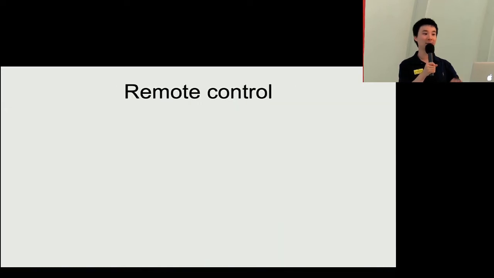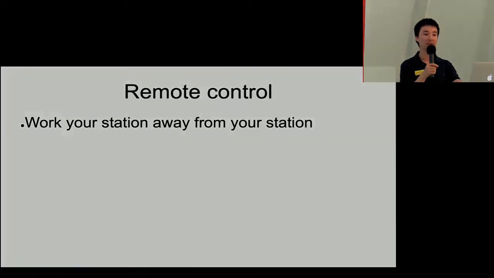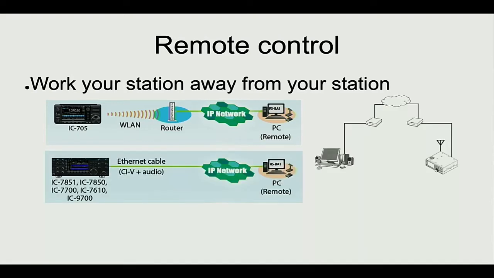So let's start off with remote control, which lets you work your station away from your station. Say you were in a hotel overseas and you wanted to work your QTH. You can do that. With modern radios, you could break it into 3 different platforms. There's a couple of radios that you can operate wirelessly. You connect it to your wireless LAN and it communicates over the internet. Then there are others that don't have Wi-Fi but do have built-in Ethernet servers.